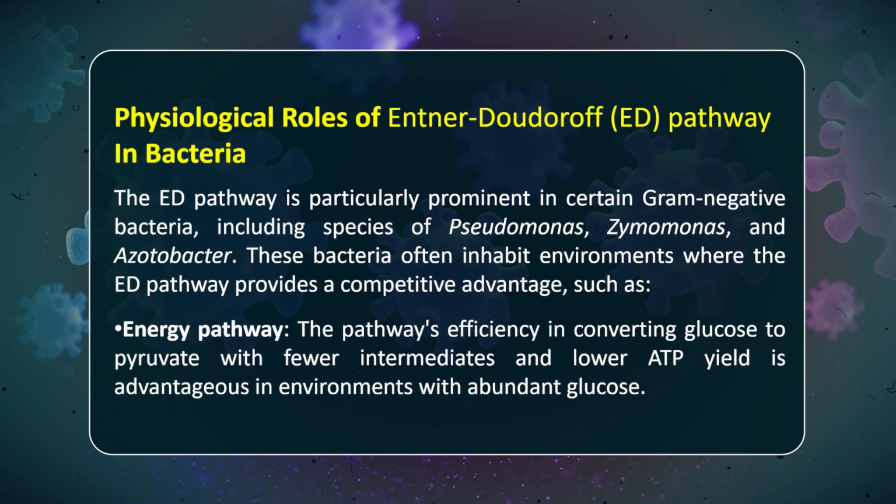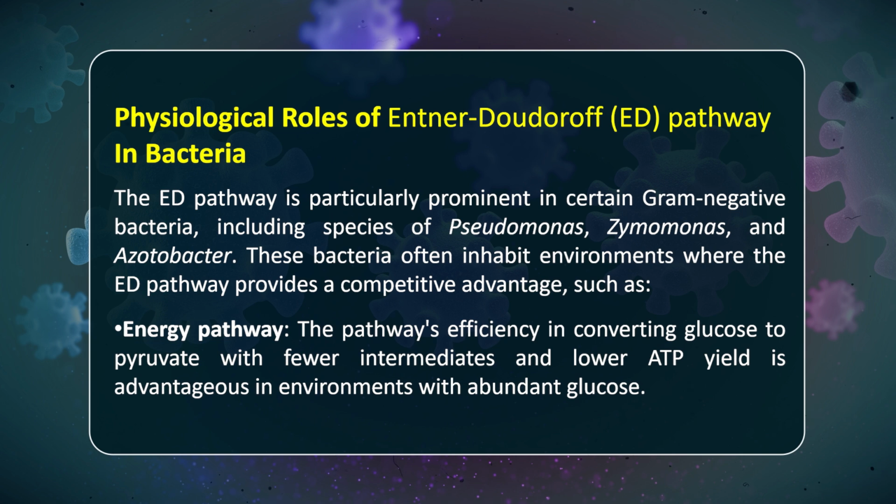So then coming to the physiological roles of the ED pathway. The ED pathway is particularly prominent in certain gram-negative bacteria, as we have discussed, in Pseudomonas, Zymomonas and Azotobacter. These bacteria often inhabit environments where the ED pathway provides a competitive advantage. First advantage is energy efficiency.